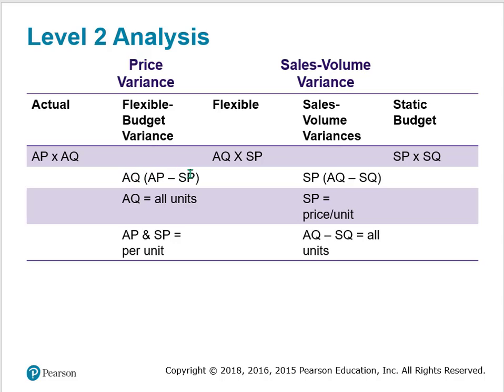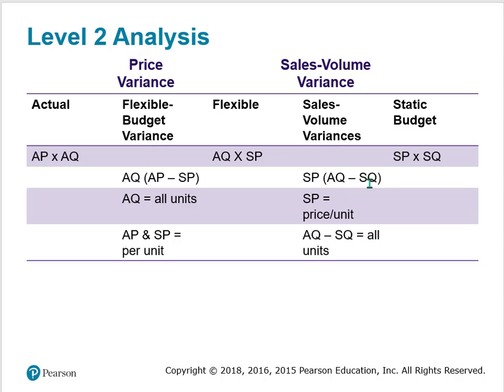Then for the sales volume variances, this would be the selling price. If we subtract these two expressions, this is the difference between flexible and static. So selling price times, taking out the common term, the difference between units, actual quantity and standard quantity. Now remember that the selling price is the price per unit, and the actual quantity minus standard quantity are big numbers.